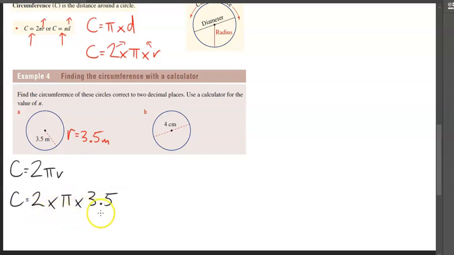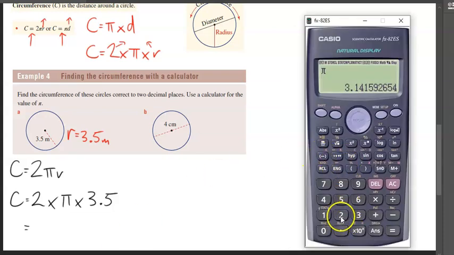Now I'm writing it out in this notation so you can see what you need to put into the calculator. The circumference is equal to 2 times pi, so remember pi is shift and this button here, times 3.5. You might get 7 pi. I want you to press the SD button if that pops up.